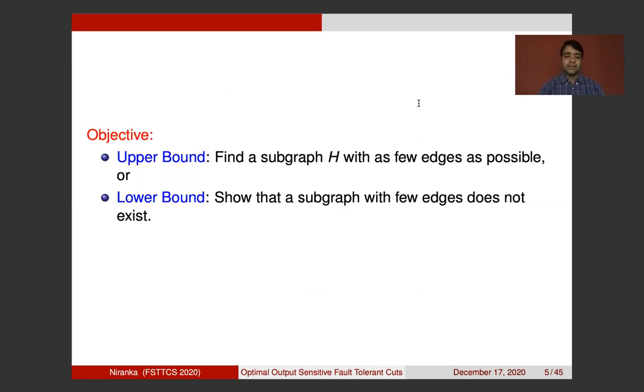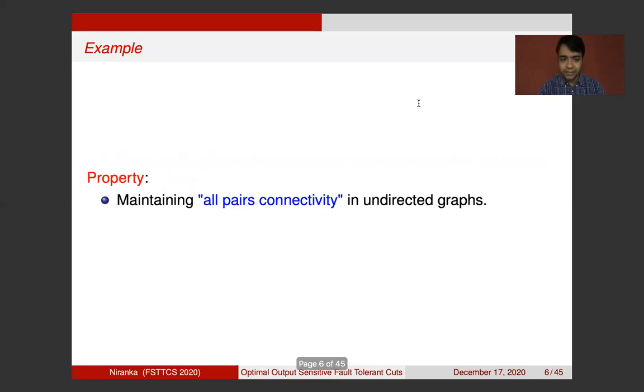So the objective for the upper bound is to find a subgraph H with as few edges as possible. And for the lower bound, you need to show that you cannot have a subgraph with few edges, that it does not exist. So those are the objectives.